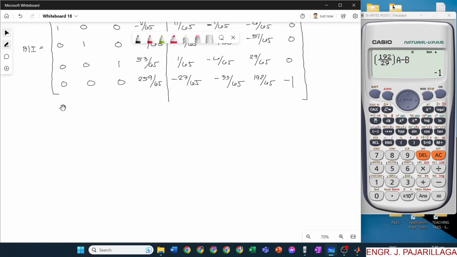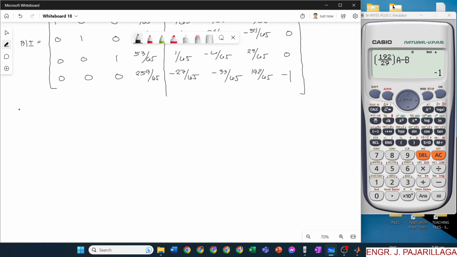Step 7. So for the step 7, we pivot again. So katatapos lang natin mag-eliminate, we pivot element 4, 4. So ito naman yung ating ipapivot. Okay? So sige, ipe-paste ko na to dito.